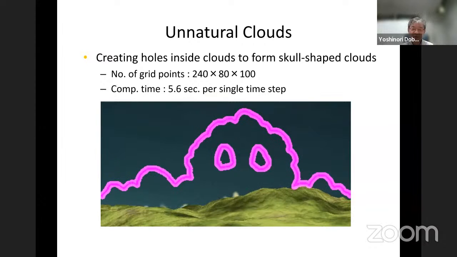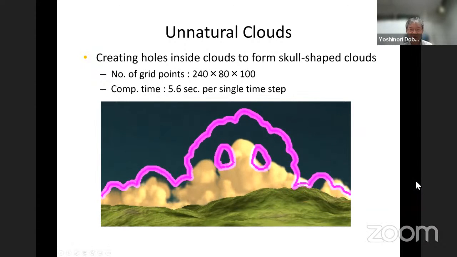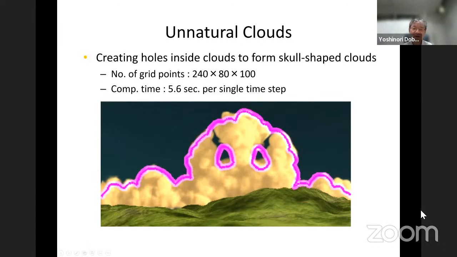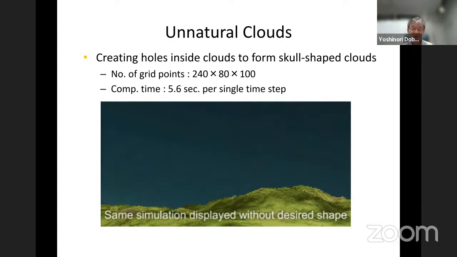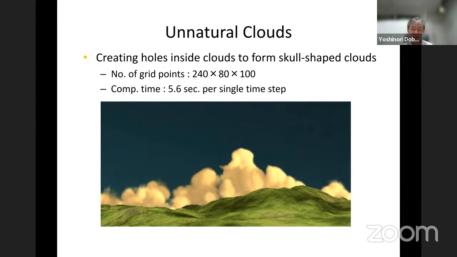And in this example, we actually use some external forces around these holes in order to prevent the clouds coming into the inside of these holes. However, overall shapes and motion of the clouds are kind of realistic because our method tries to simulate the cloud formation process as naturally as possible.